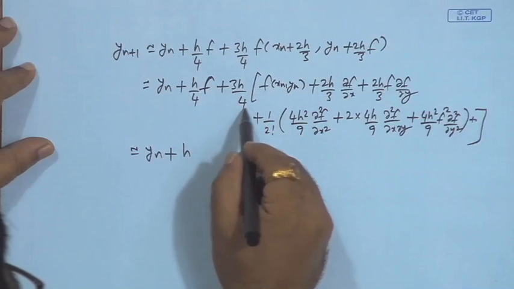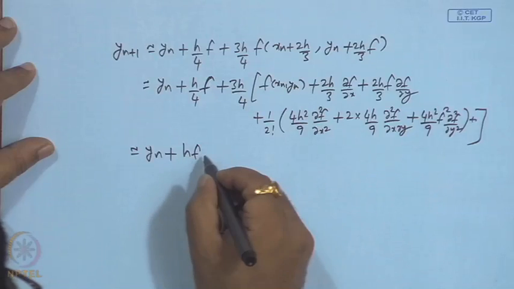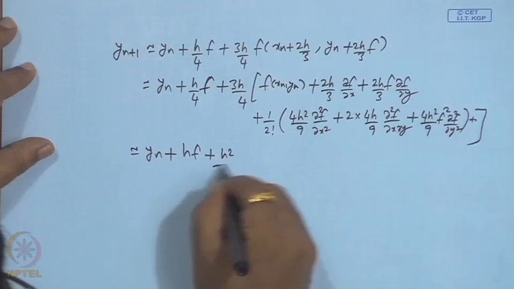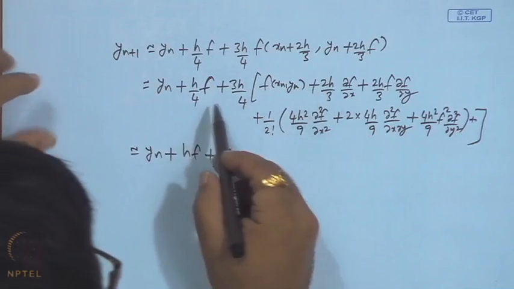So, we have 3 by 4 and 1 by 4. So, h f plus h square terms.